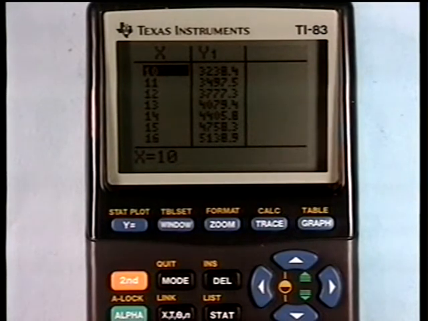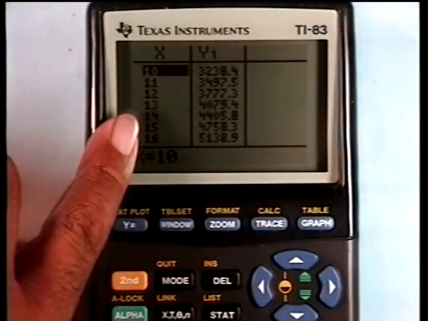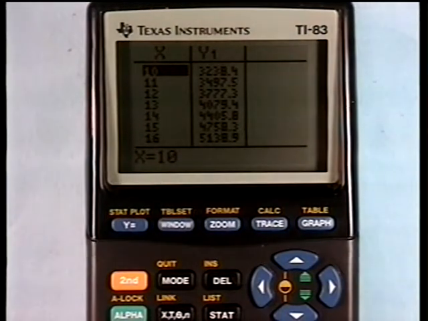After 10 years, we see we'd have $3,238.40. 15 years, we'd have $4,758.30, and so on.